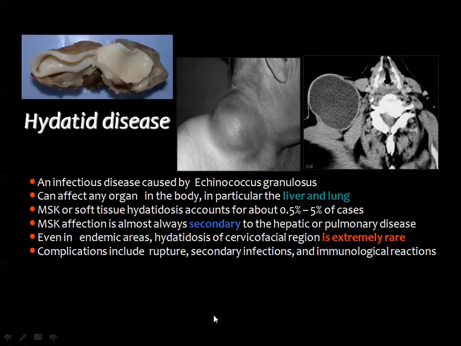And hydatid disease is rare in the neck, but sometimes it is seen in clinical practice. Many times this hydatid disease is usually secondary to the presence of hydatid disease in the liver or in the lung.